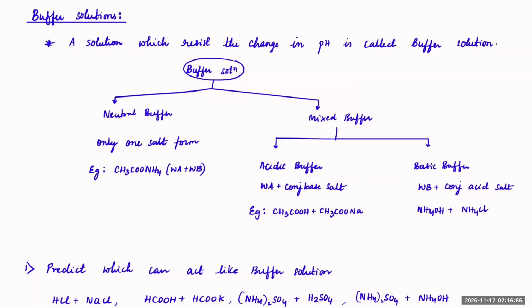That means neither the H plus nor the OH minus is spiking up on adding some extra HCl or NaOH, correct? So what is it doing? It is trying to keep the pH at the same value as it originally was. Clear, everybody? So that's why these types of solutions are called neutral buffers.